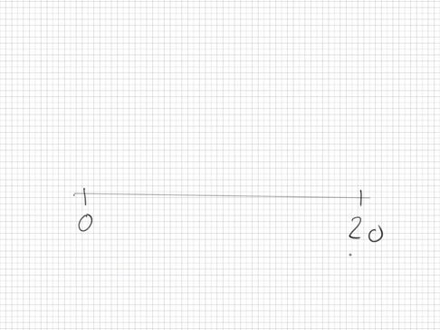That should cover all my numbers. So I have a 10 here, I have a 5 here, I have a 15 here, and then 1, 2, 3, 4 between each.